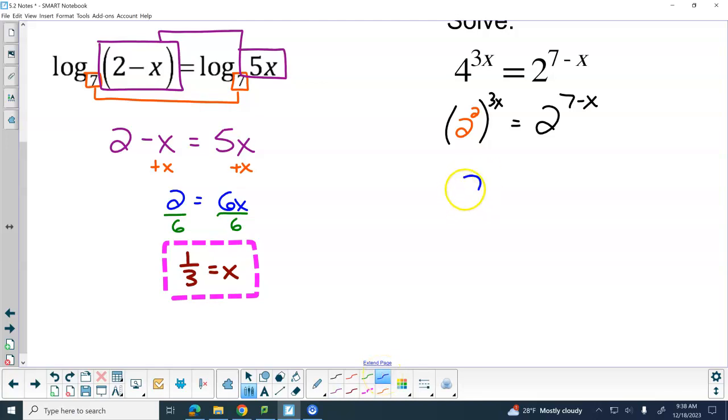So that means I've got 2 to the 6x power equals 2 to the 7 minus x power. Now I have the same base, and so now my exponent has to equal my exponent, because I have the same base. It's all about having the same base.